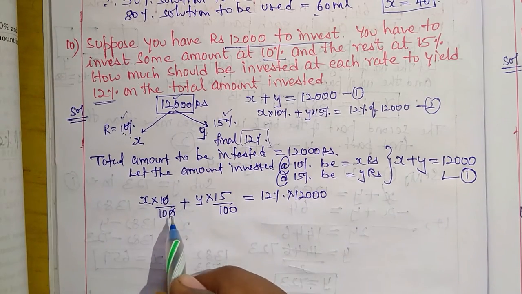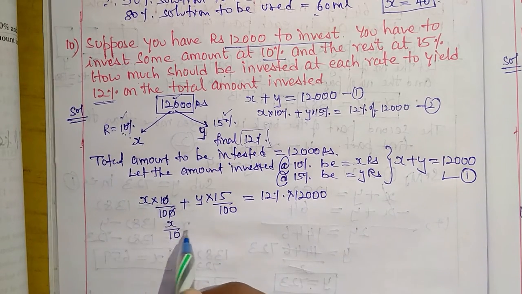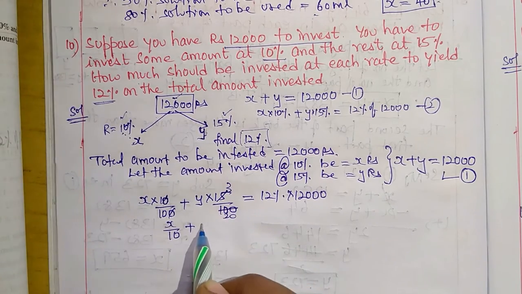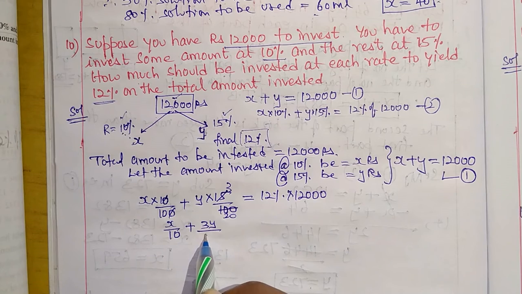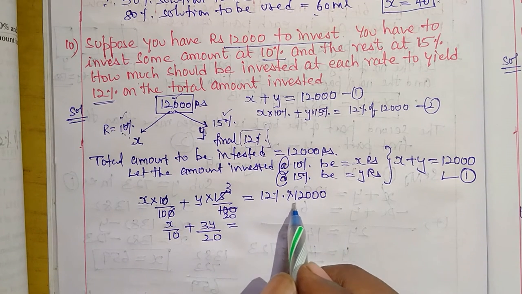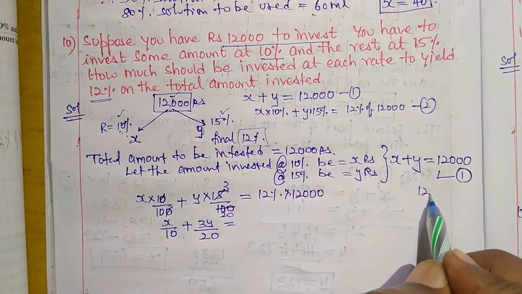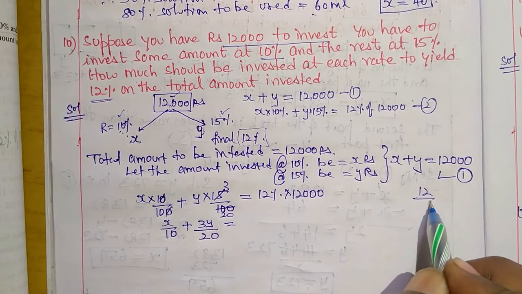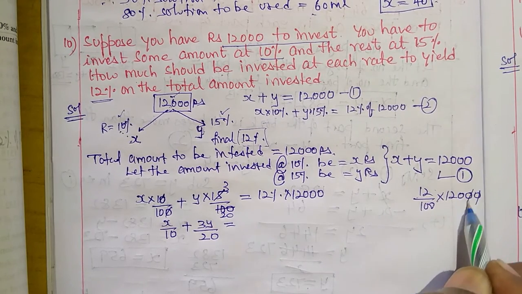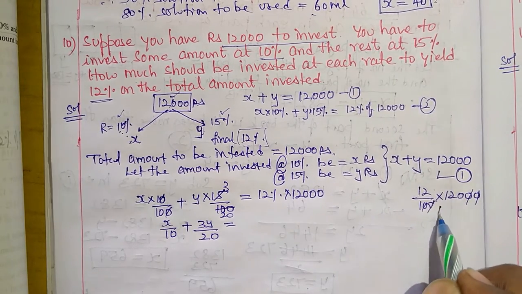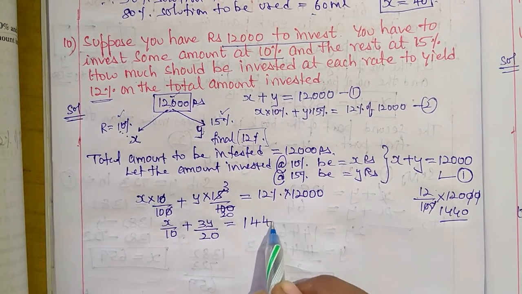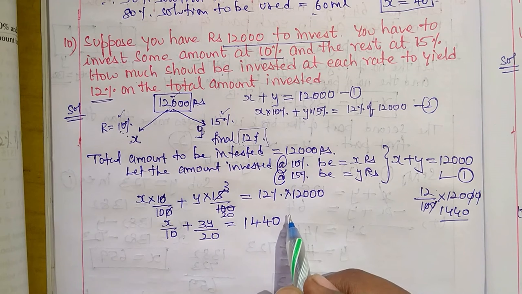So here you will get x by 10 plus 3y by 20 is equal to 12% of 12,000. 12% means 12 by 100 into 12,000. Two zeros cancel, 12 12s are 144, so it is 1440. So this is the equation.